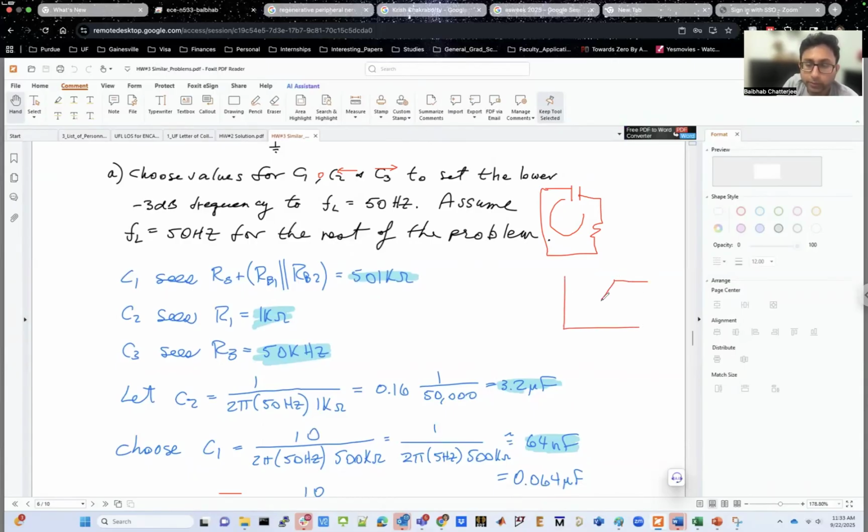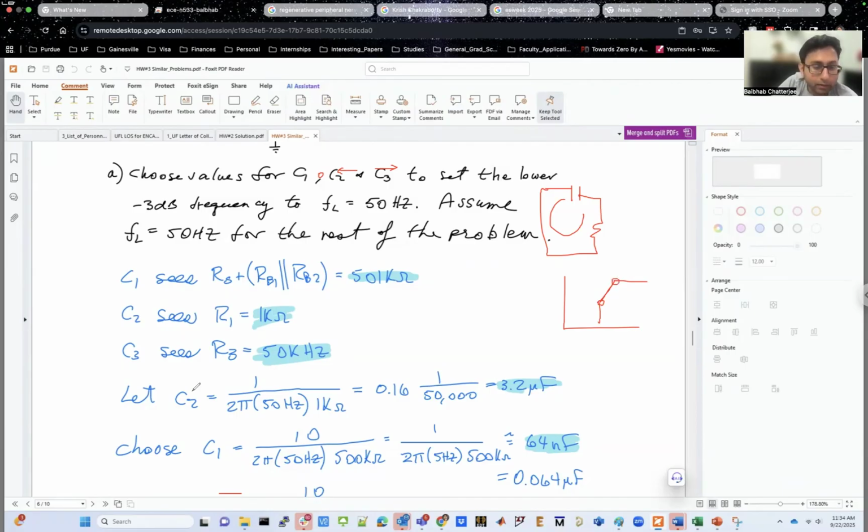You should have a 50 Hertz pole, then a minus 20 dB per decade slope, or minus 20 dB per negative decade, basically, because this is a high pass filter: as you're reducing the frequency by 10 times, you are reducing the gain by 10 times as well. So you should have that minus 20 dB kind of slope, and for that, you need to have a first order system. So the second pole and the third pole have to be significantly away from the first pole.